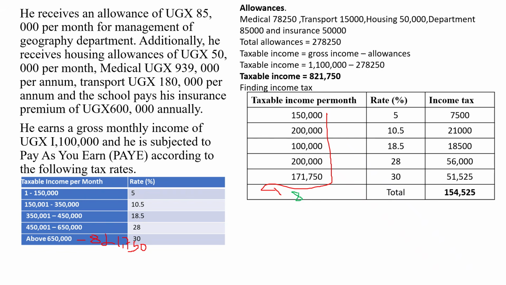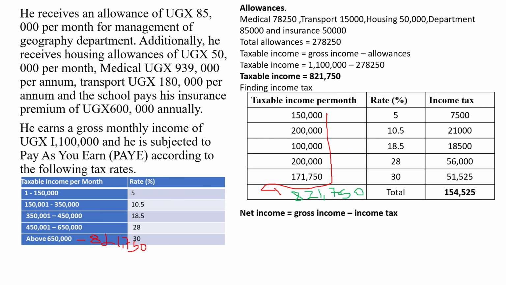You have to make sure that the moment you add all this taxable income, what you've taxed should be giving you what you got in your taxable income. So that's what we must do. Yeah. So this is our total income tax, and it is 154,525.